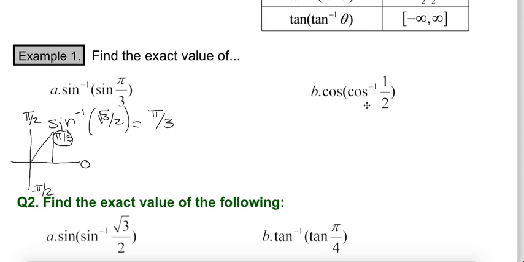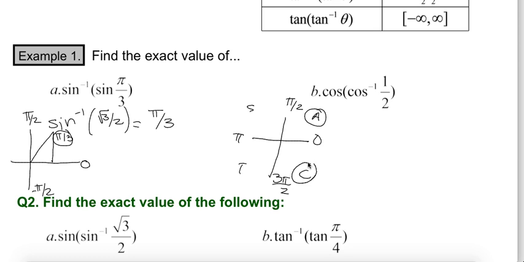Okay, let's move on to cosine of arc cosine. Well, where am I on the unit circle when cosine equals 1/2? Well, if you think back to all stupid trig crap, then we know that cosine is positive in the first and fourth quadrants.